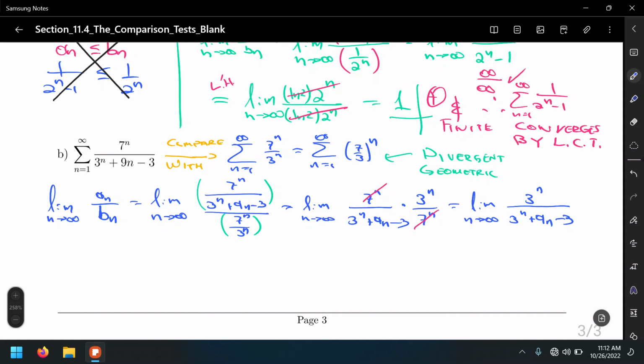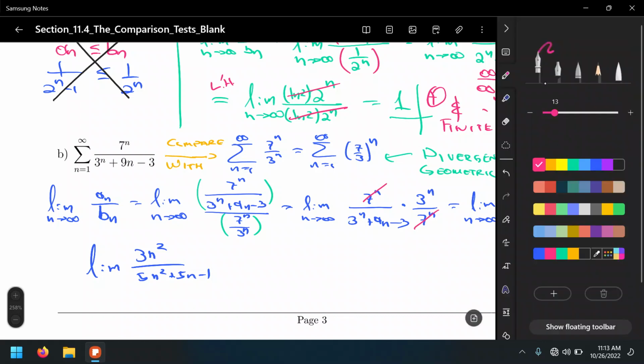However, in just the same way that with polynomial over polynomial we just went with the ratio of the leading coefficients, like when we have limit of 3n squared over 5n squared plus 5n minus 1, for example, the ratio of the leading coefficients is 3/5, so that's the limit. As simple as that. Well, we can sort of have that when we have these exponentials, because check this out.